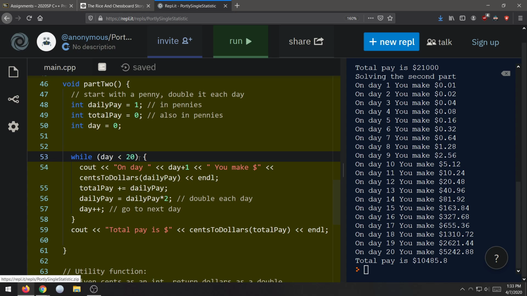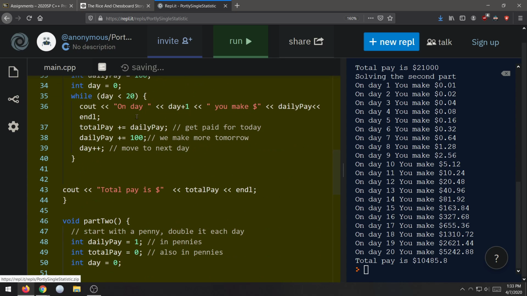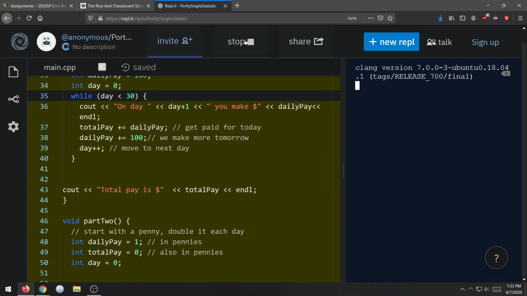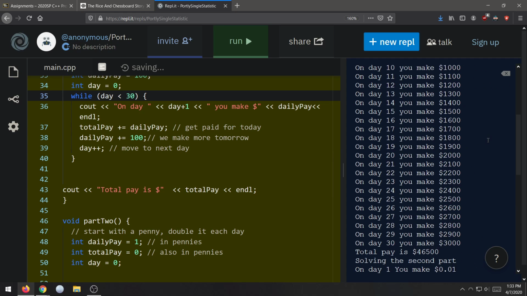So now we're going to try 30 days, which is the problem we want to solve for if I want to go 30 days. All right, so I'm going to run this now and scroll up to see the top. So on my 30th day, I make 3,000 with the original deal, so 46,500, pretty good.